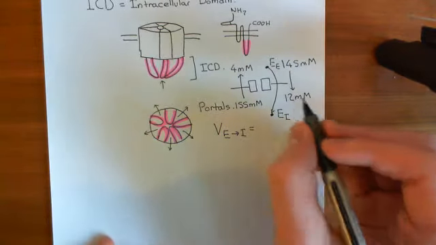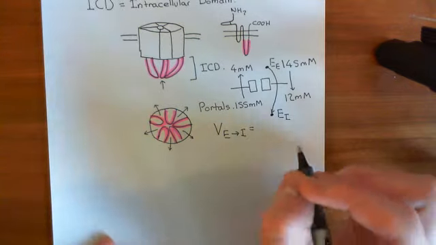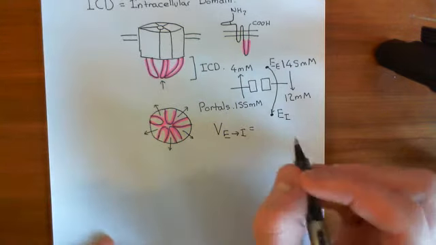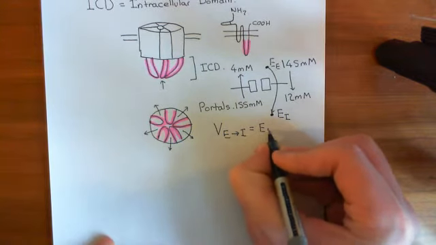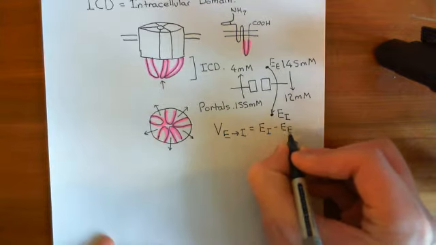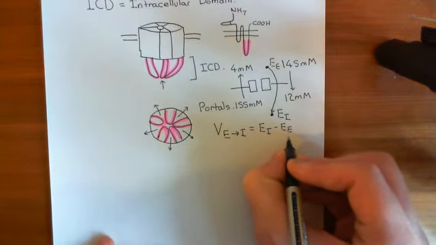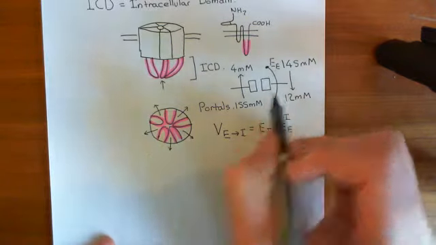It means if you move from extracellular to intracellular, how much will the electrical potential you're exposed to change? So this is just going to be the new electrical potential minus the old electrical potential. This is what is meant by the electrical potential difference across the cell membrane.